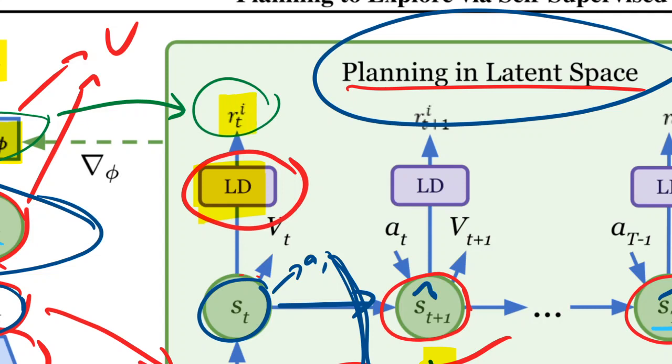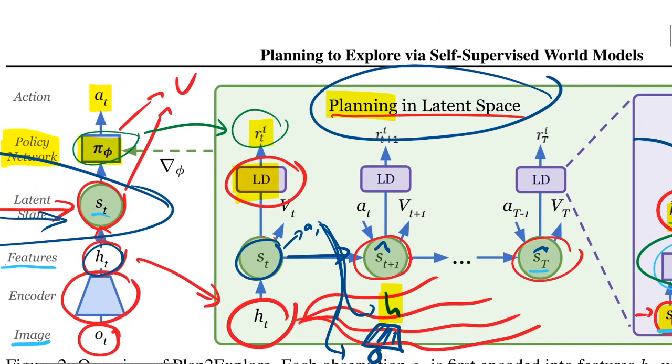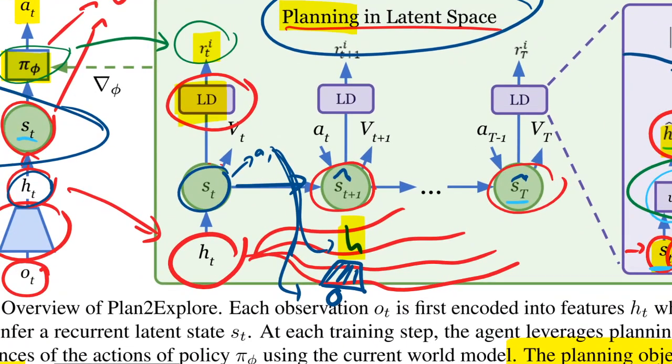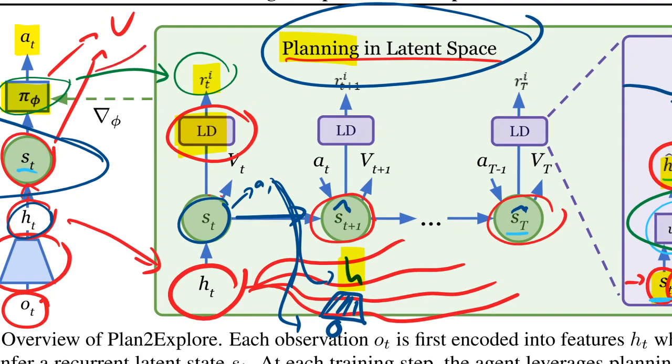However, I don't actually see why in that case you need planning, because with planning your goal is to look ahead more than one step. So what I would expect is that they somehow have the aggregated, so that they don't maximize this, but somehow maximize the future, right, of R_t' to the i.